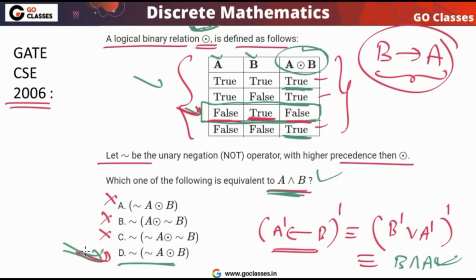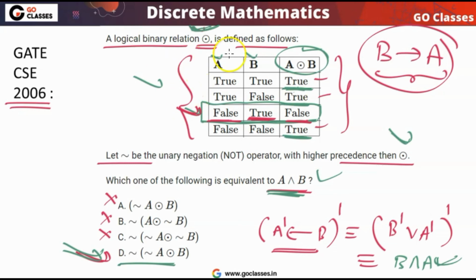This is a very easy question, but remember, in this type of question, when a new operation has been defined, first try to find out what this new operation is. Once you find that out, you can easily solve the question.